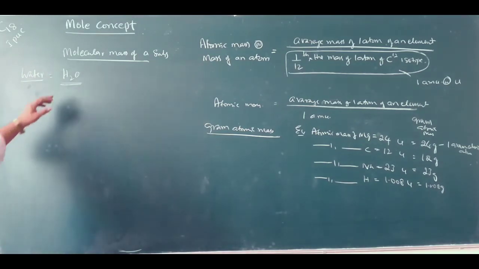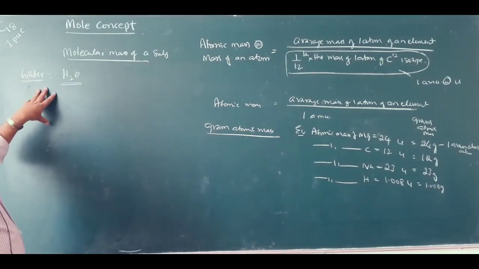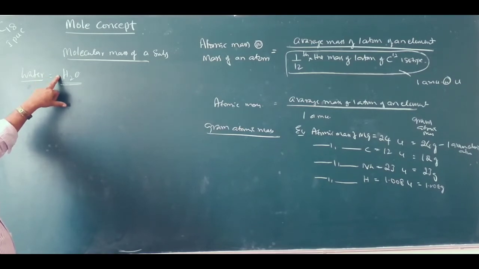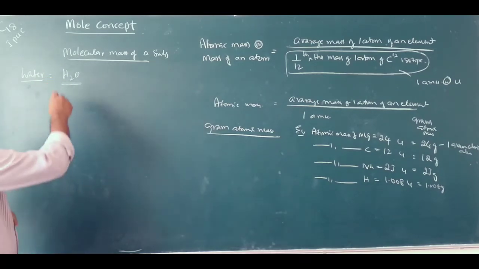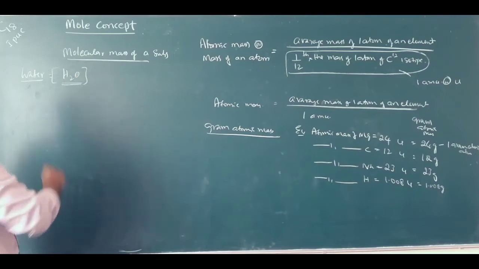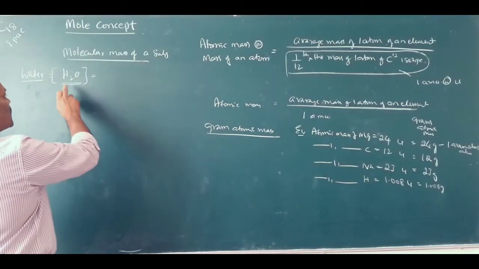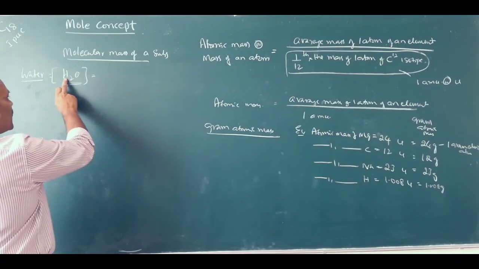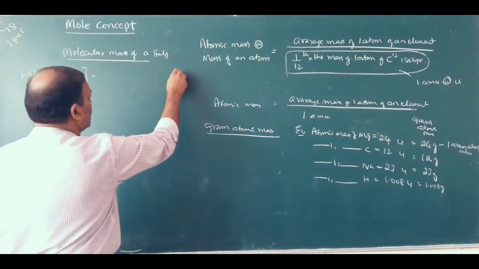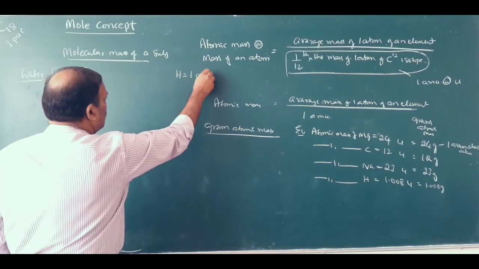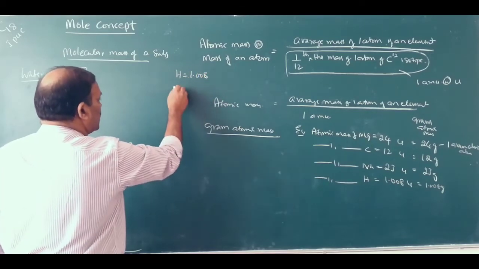For the determination of molecular mass of any substance, we need the molecular formula. The molecular formula of water is H2O. So, to determine molecular mass, we have to write the atomic mass of hydrogen, which is 1.008.